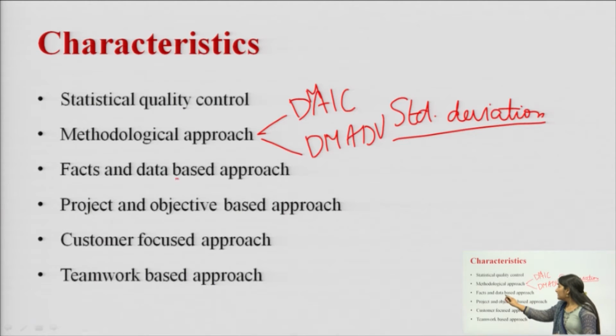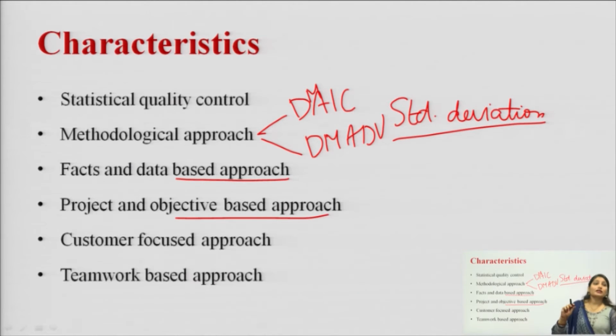Third is facts and data based approach, means we are using the facts and the statistical tools for measurement of variations in the product quality. Next is project and objective based approach. The approach of Six Sigma concept is an objective based approach. In this we are focusing on the whole project, in all the processes of the manufacturing. Okay. And whatever the objective may be, whether it is maximum profit generation or improvement, the Six Sigma concept focuses on that objective.